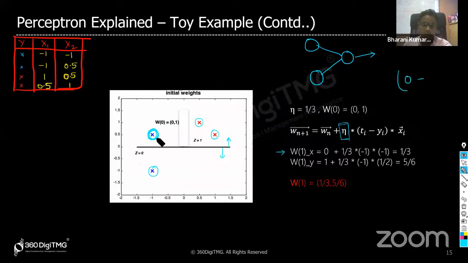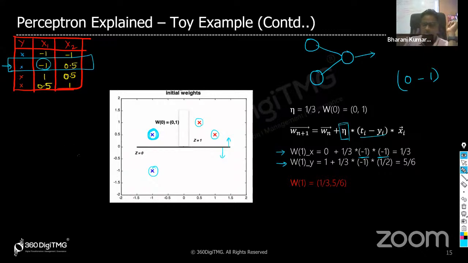But it is predicted as 1, Z equal to 1, because it's falling above. And 0 minus 1 is minus 1. Into the input pertaining to this misclassified entry. This misclassified entry has -1 and 0.5. So it's this point, which is actually misclassified. So the input is -1. When you solve it, you get 1 by 3, which happens to be the new weight now.